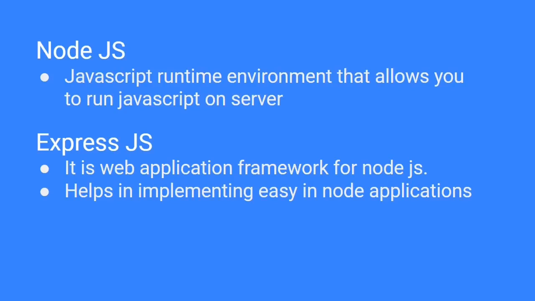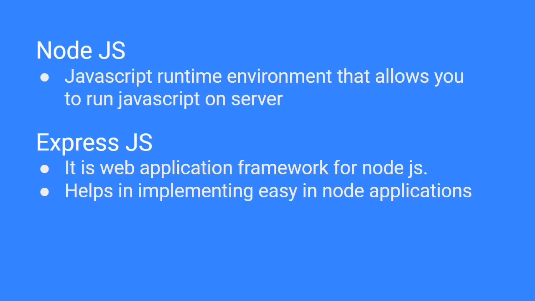Apart from routing, Express.js can be used for implementing middlewares and other complex things like error logging, right? So you can use Express.js for other things as well. But in general, Node.js and Express.js are used for implementing an API and the routing mechanism for that API. Okay. So these are all about MongoDB, Node.js, and Express.js.